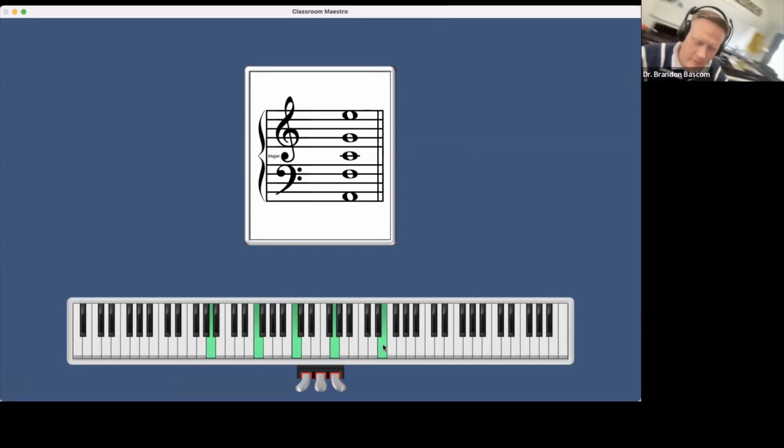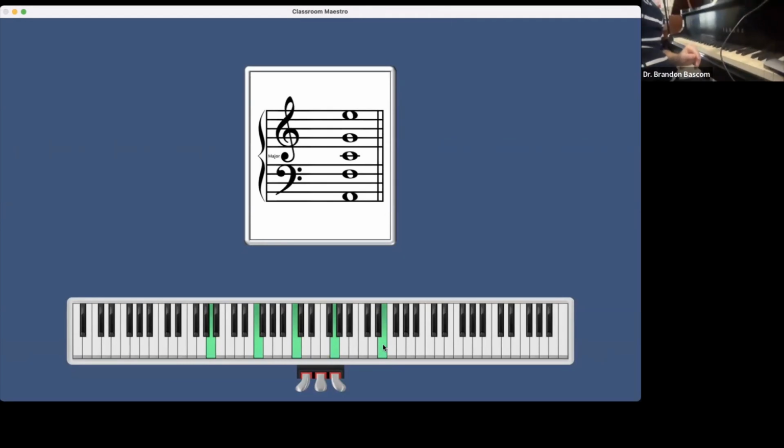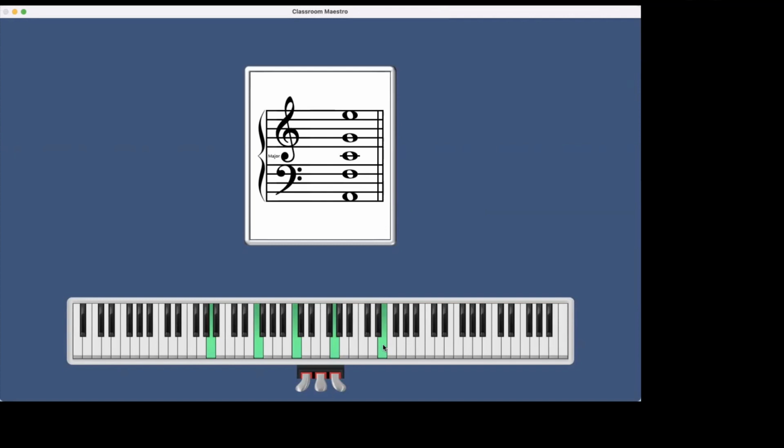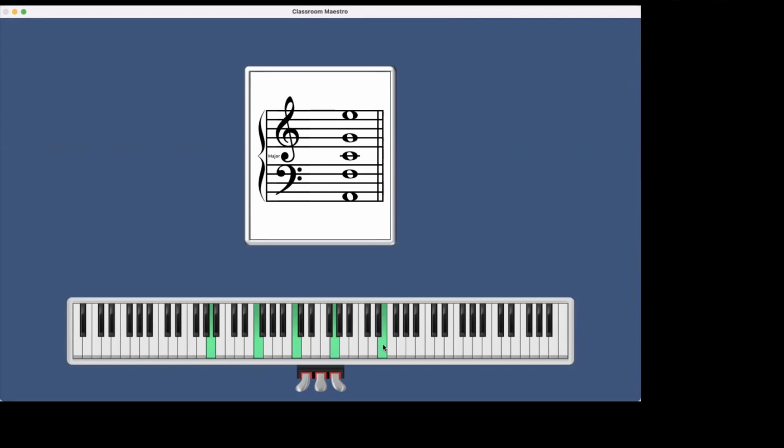I'm going to move my computer so you can see me do it. So I went 1, 2, 3, 4, 5, and then put your thumbs under your pinkies. 1, 2, 3, 4, 5. And then we're going to do it one more time. 1, 2, 3, 4, 5. Does that make sense? Yeah. Okay, you try it.